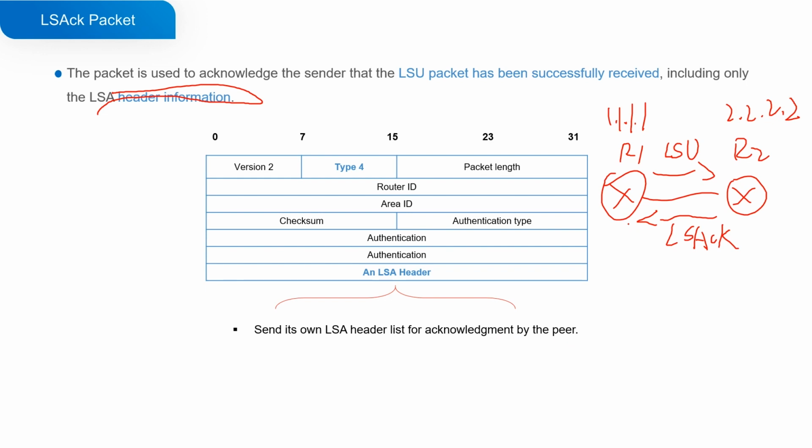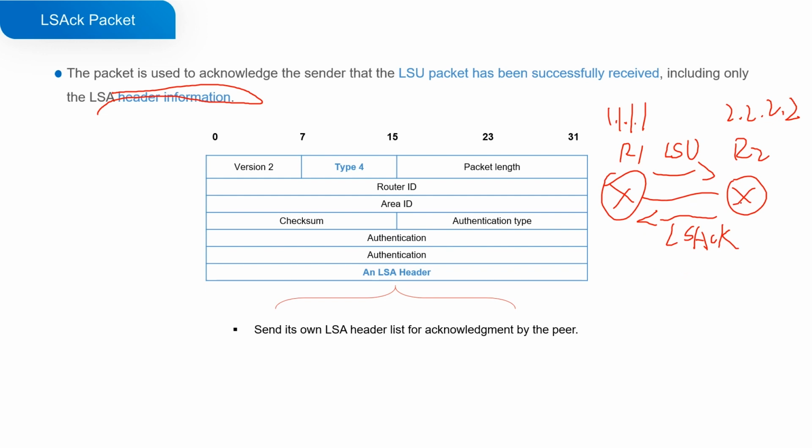So it means when R1 and R2 exchange the LSU information, R2 has to reply with the LSACK packet, and then the LSACK packet will include the header information.